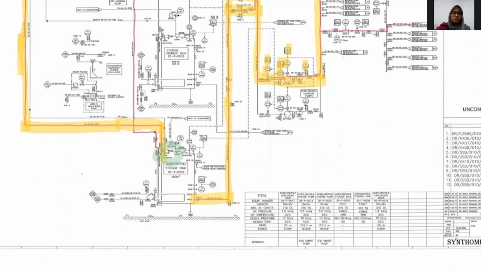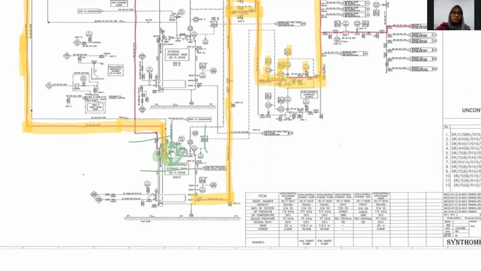Then the hose for demin water will connect here, and it will fill the tank until a certain volume, and then this water will be connected to this line.